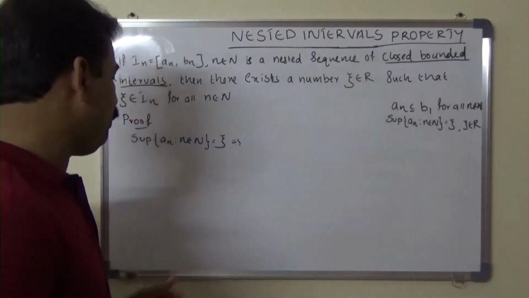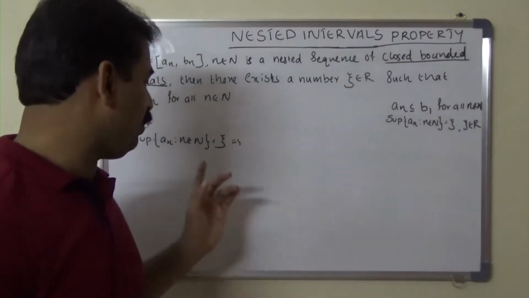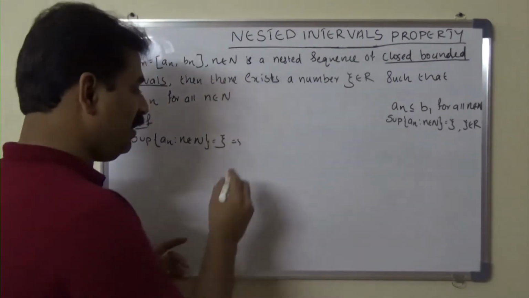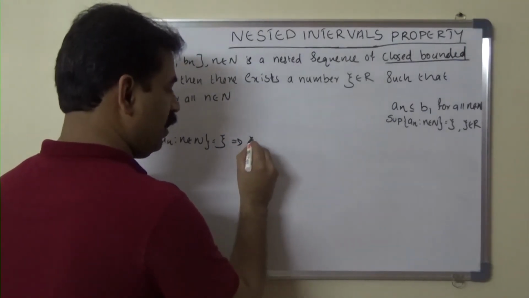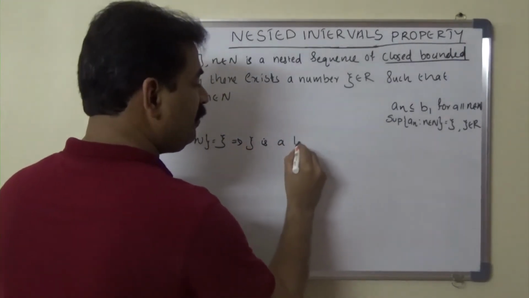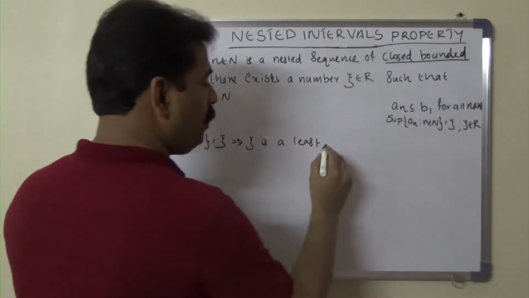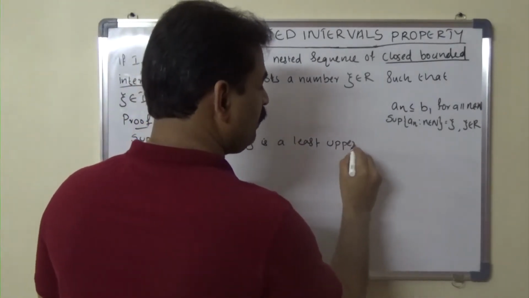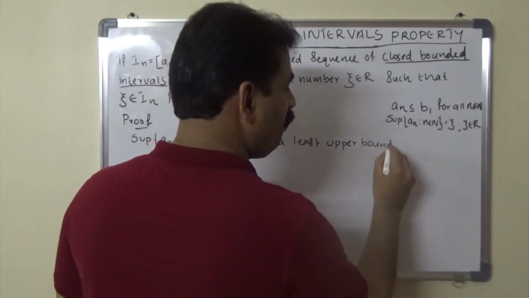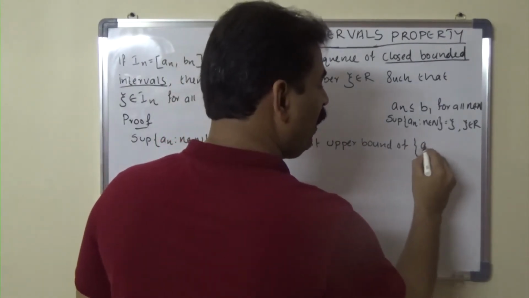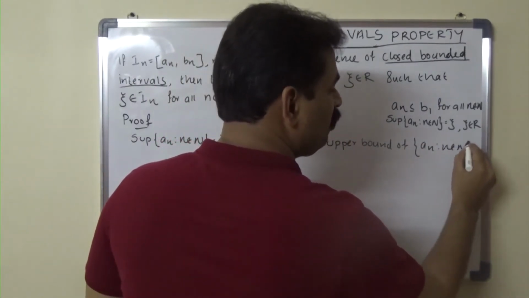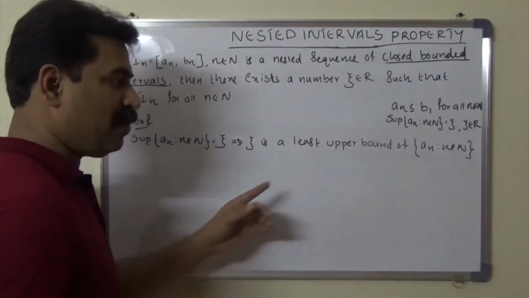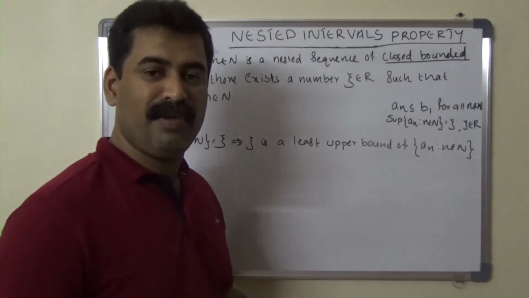Psi is the supremum of the set of all an such that n belongs to capital N means psi is a least upper bound of the set of all an such that n belongs to capital N. Clear?